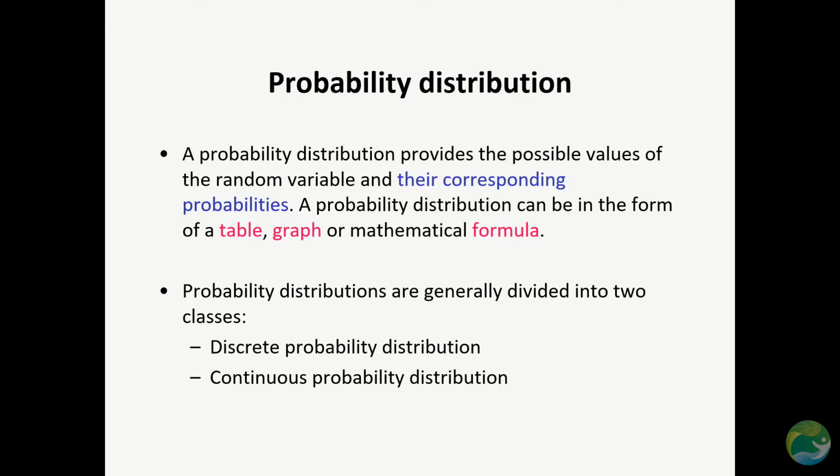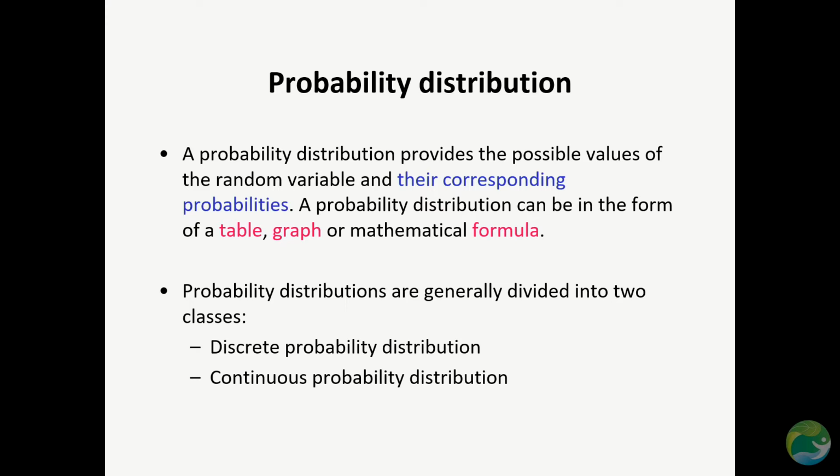Then we are going to talk about probability distributions. A probability distribution provides the possible values of the random variable and their corresponding probabilities. A probability distribution can be in the form of a table, a graph, or a mathematical formula.